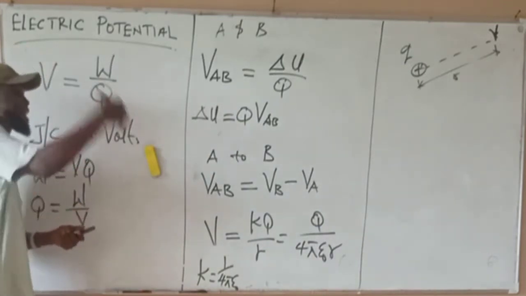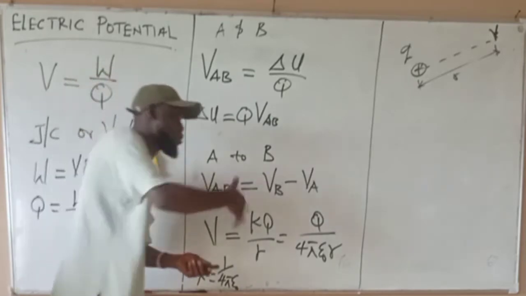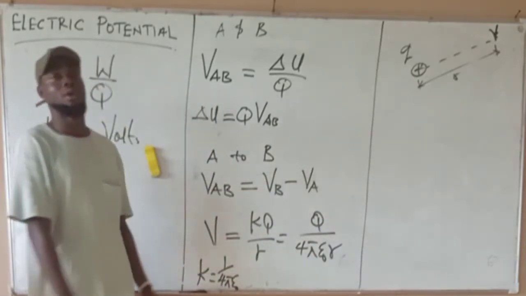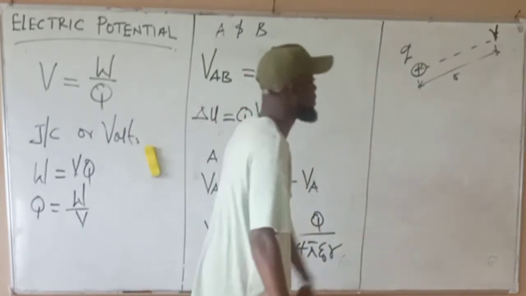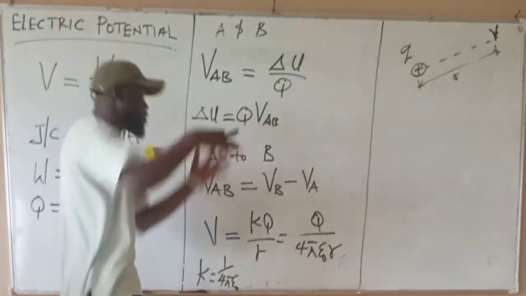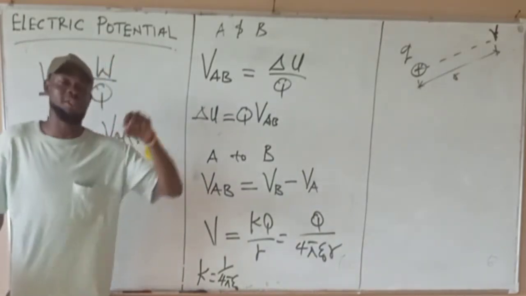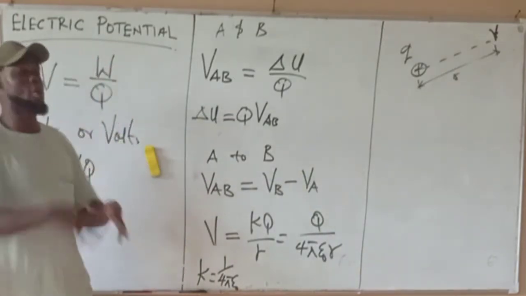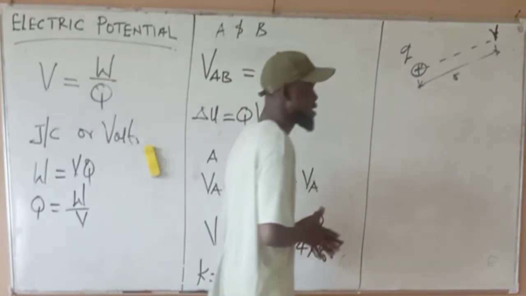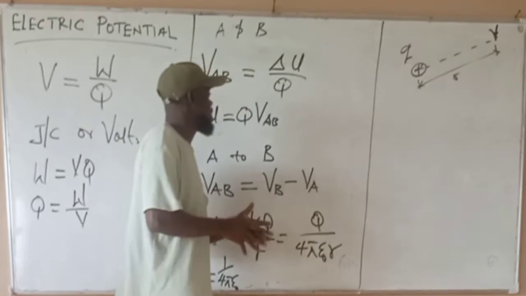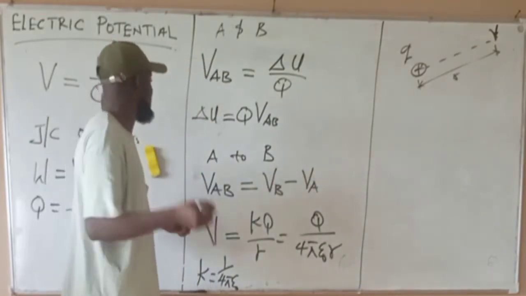For several charges, meaning more than one charge, the electric potential is the sum of all the potentials due to each of the charges present.